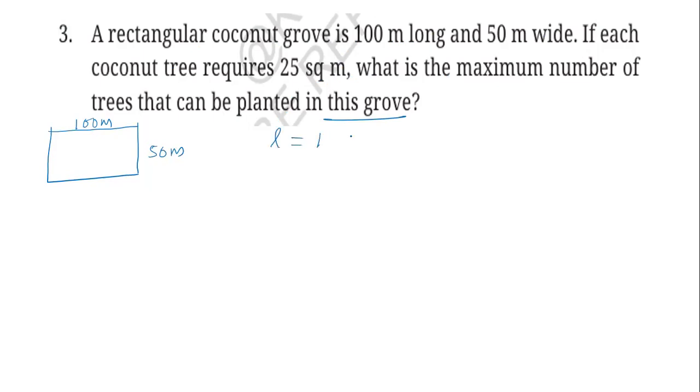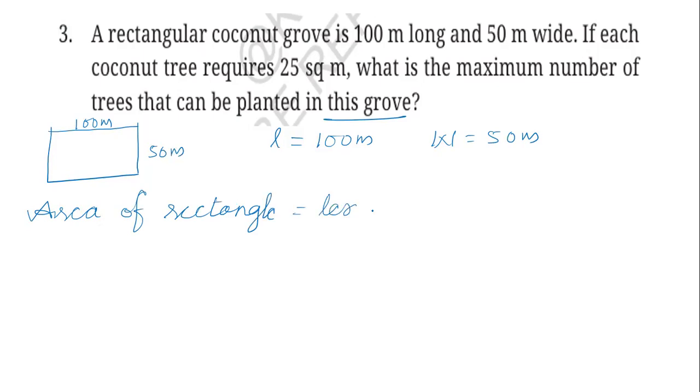100 meter, width is equal to 50 meter. We know that area of rectangle is equal to length into width. First find area of rectangle.